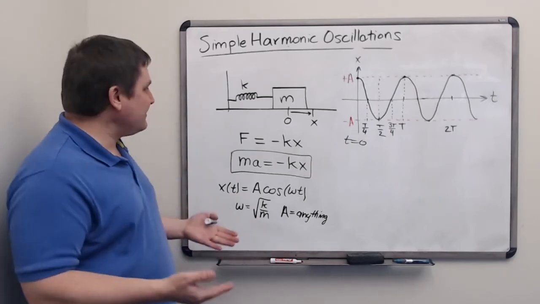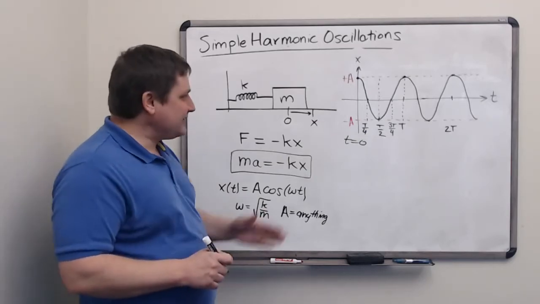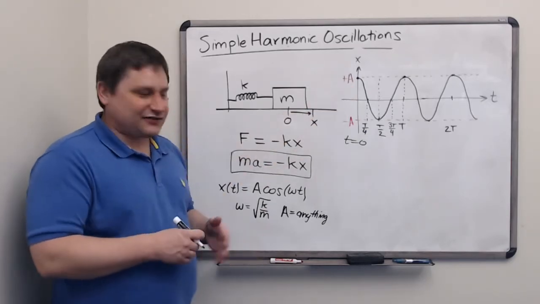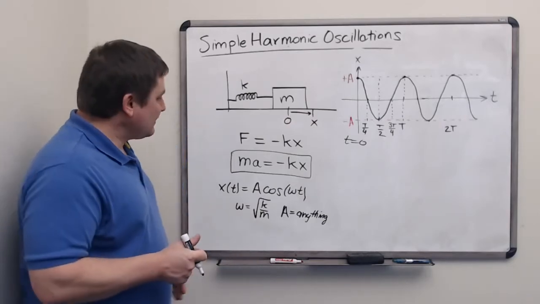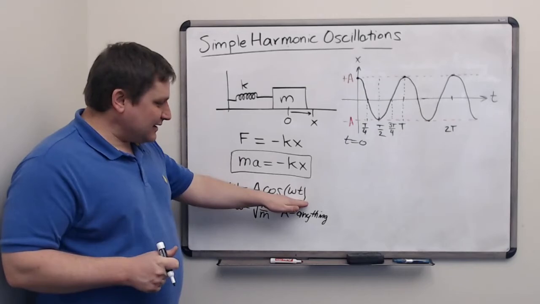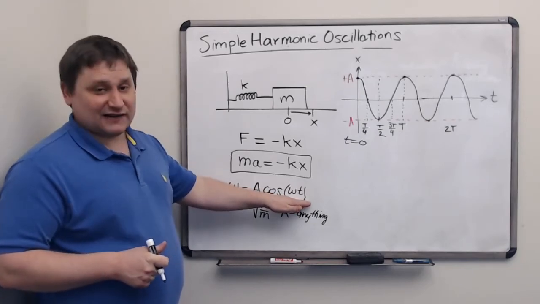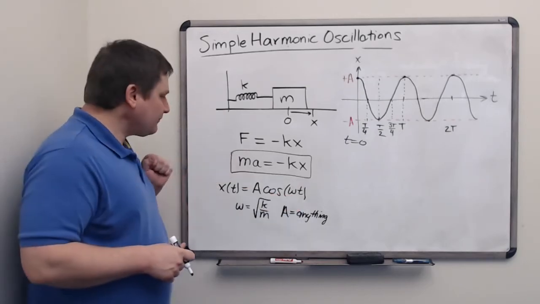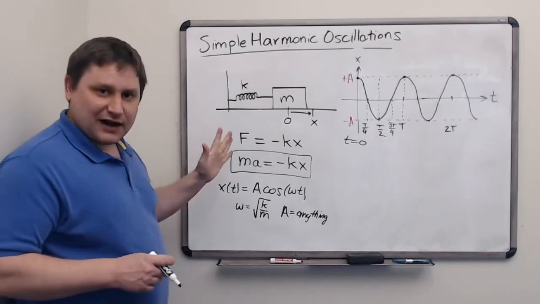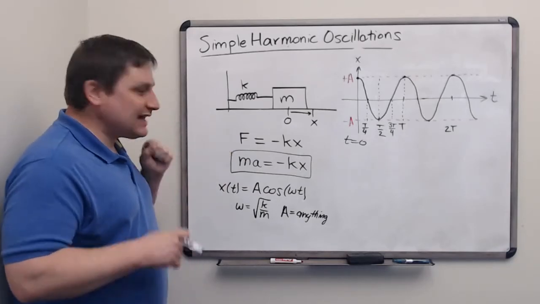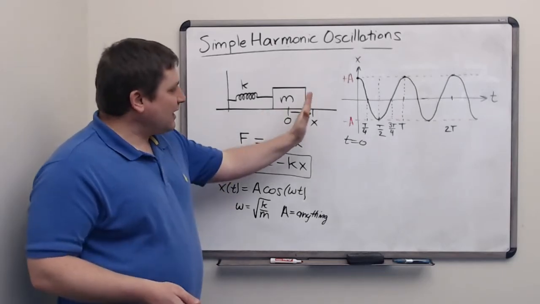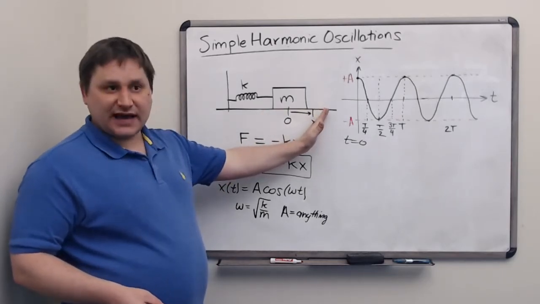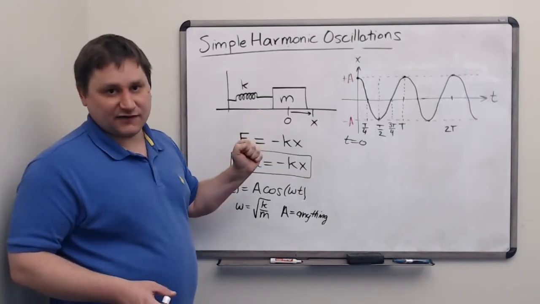You're not guaranteed to start your stopwatch exactly when the oscillation is at a maximum position, right? You can start your stopwatch whenever you want. So this solution appears to not really be able to describe every possibility just yet. It's got a lot of the right features, but it's not fully general. It only can describe situations where the thing is started at a maximum position and let go from rest at time 0.